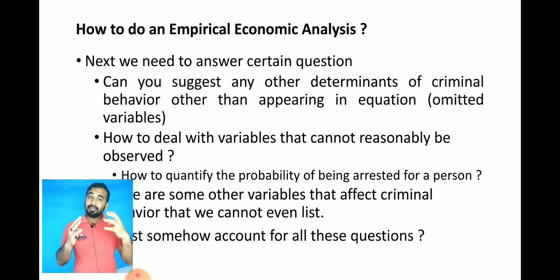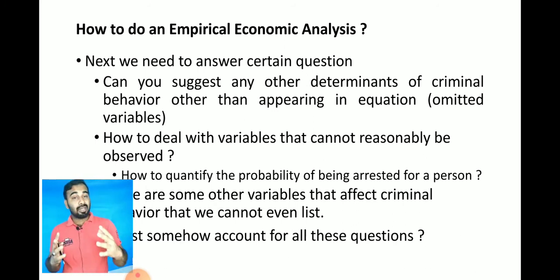Then, is there any variable that cannot be reasonably observed? Yes, surely there are some variables in our equation. How can we quantify the probability of being arrested for a person? How can we quantify the probability of being caught? There are certain issues in the measurement of these variables.